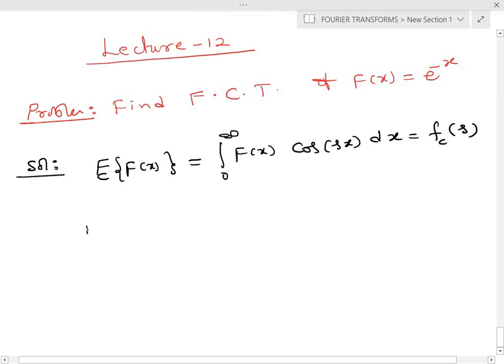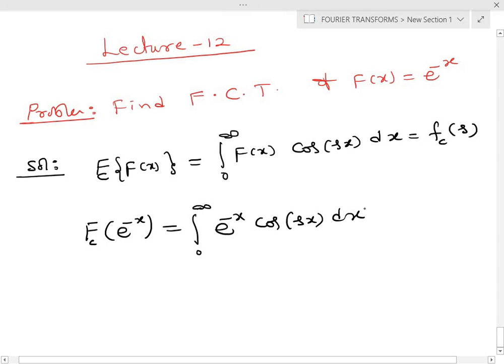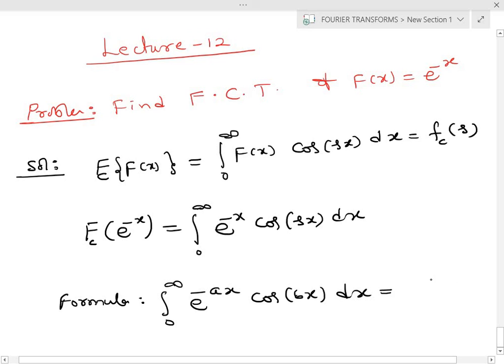But the function here is given as e power minus x. So that is equal to the integral from 0 to infinity of e power minus x into cos of sx dx. This is a very well known formula. The standard relation is the integral from 0 to infinity of e power minus ax cos of bx dx is equal to a divided by a square plus b square.